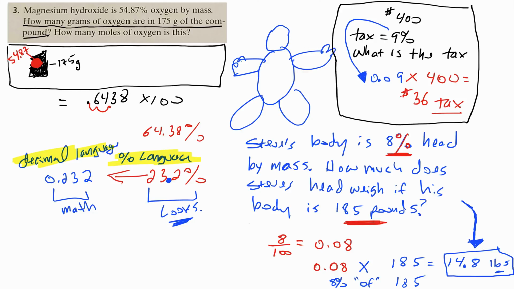How do you do it? Close, but you want to move this into decimal language. So we're going to get that 54.87 and divide it by what?